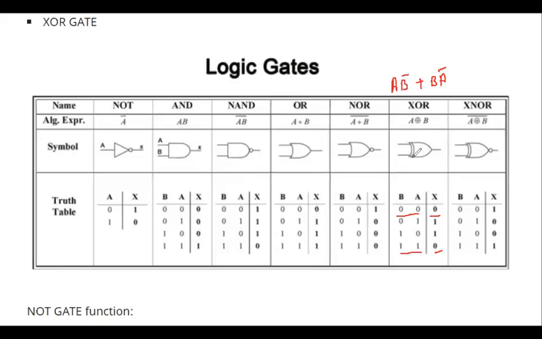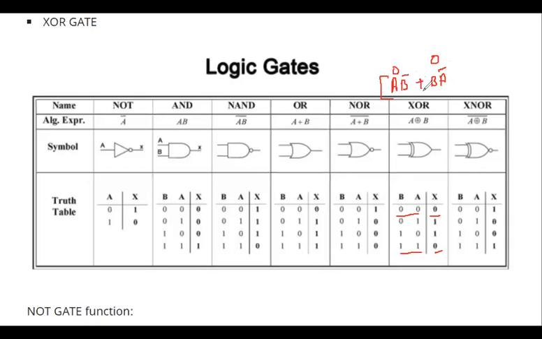Think about it. Yes or no? Because if A is 0 and B is 0, then this is 0 and 0, 0. If A is 1 and B is 1, then this is 0, then also it is 0. But if only one of the two is 1, then it is 1. So XOR is A B bar plus B A bar.